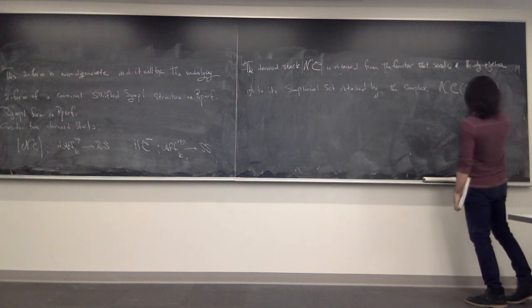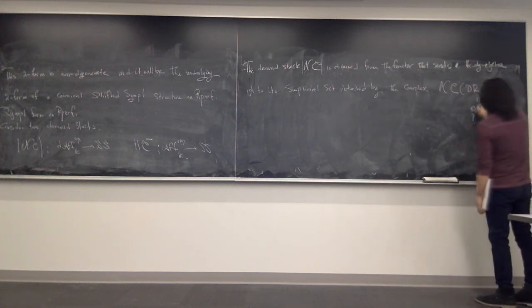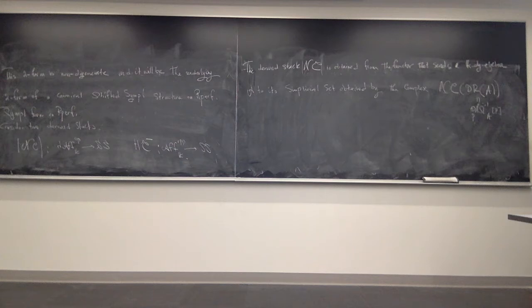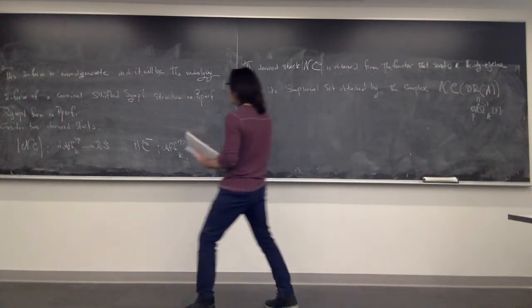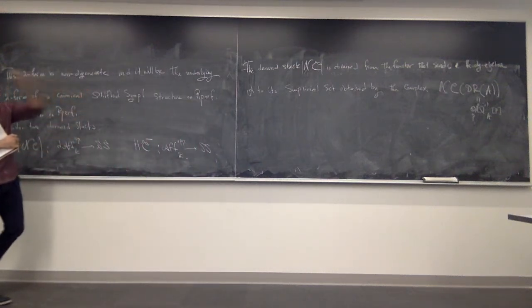This is the sum over all p of omega lambda p of omega A shifted by p. So this sends A to the underlying simplicial set of that complex.